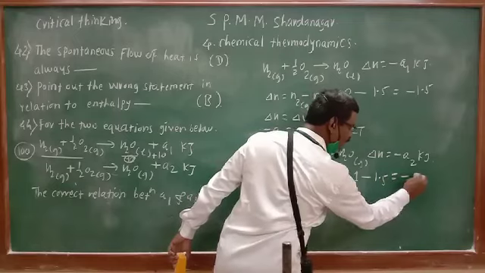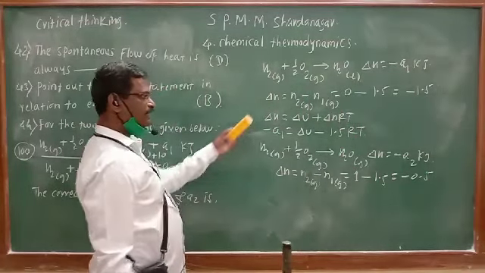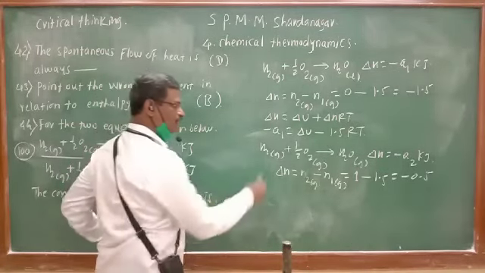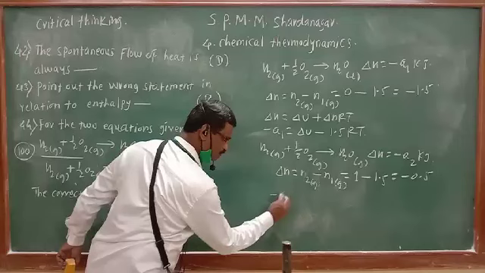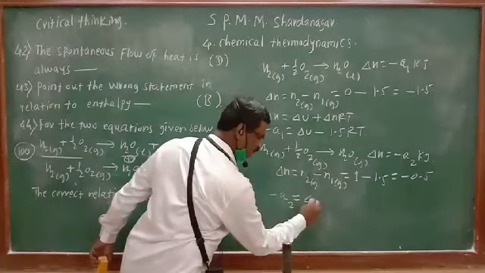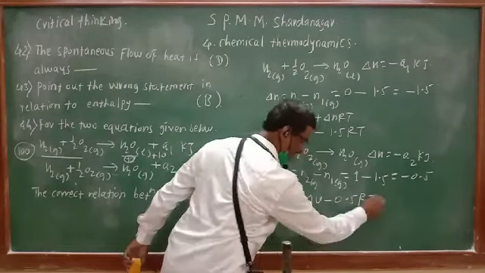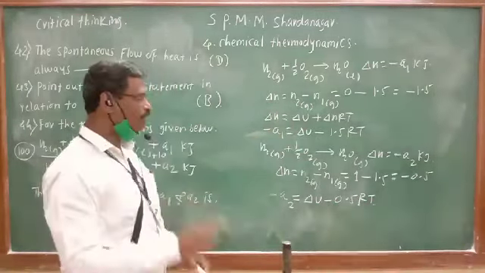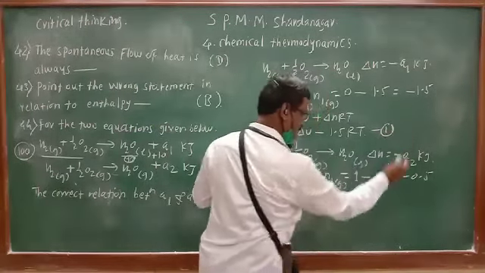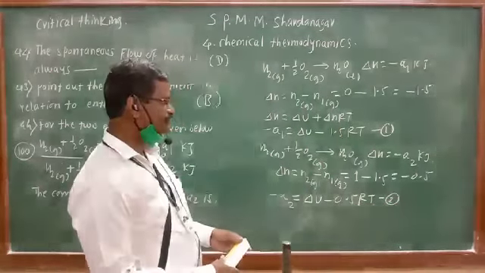So the answer will be minus 0.5. Delta H is equal to delta U plus delta nRT. So for this reaction, the equation becomes minus A2 will be equal to delta U minus 0.5 RT. Now this is the equation for the first reaction. This is the equation for the second reaction.